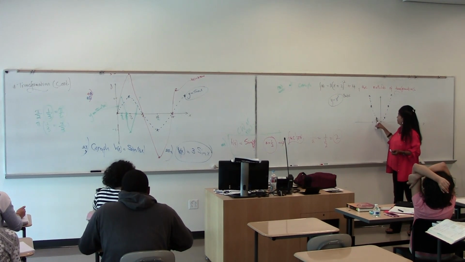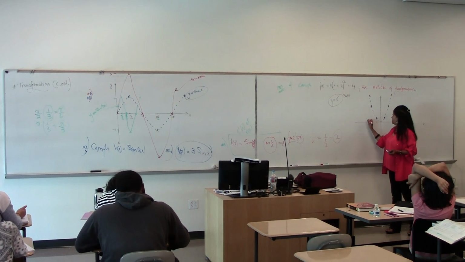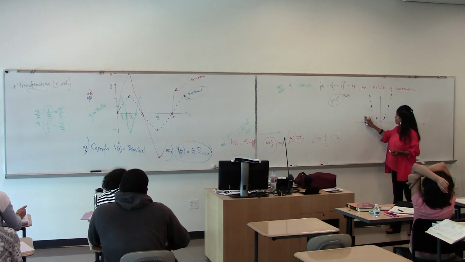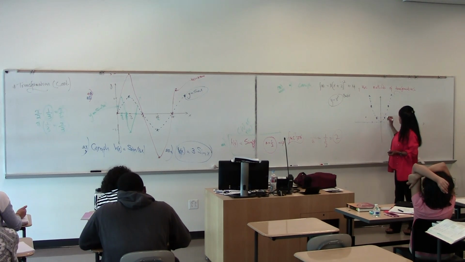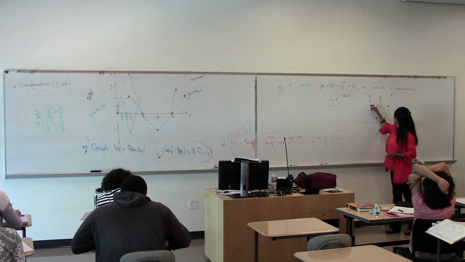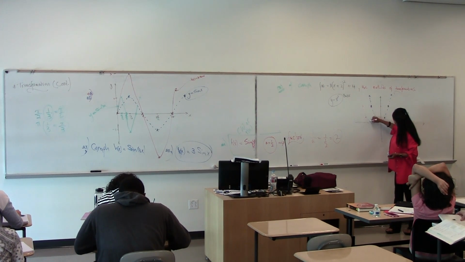So 2 to the left, this one, 2 to the left, this one, 2 to the left, this one, 2 to the left, this one, 2 to the left. So this graph is here.